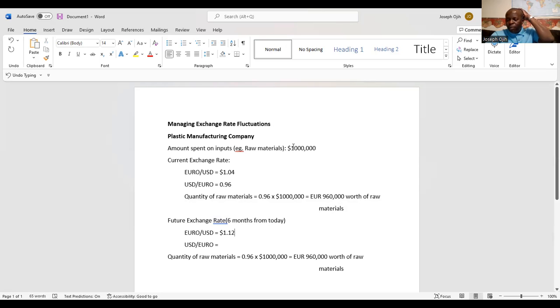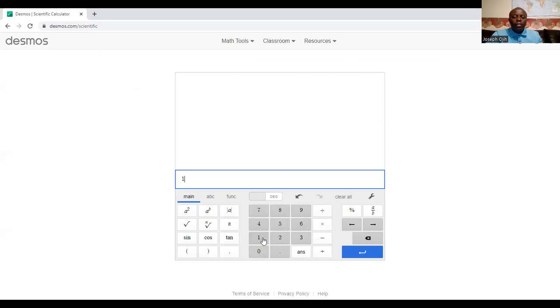And remember, your budget for plastic raw material is $1 million. In that case, a dollar can buy how many euros? It's 1 divided by 1.12. A dollar can buy only approximately 89 cents worth of euros, 0.89.